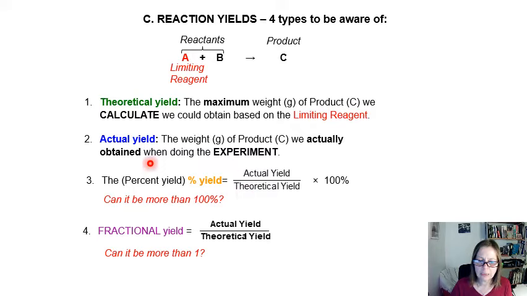So a percent yield is always less than 100. A fractional yield is always less than 1. The closer you get to 100 or the closer you get to 1, the better your reaction, the more efficient your reaction is.